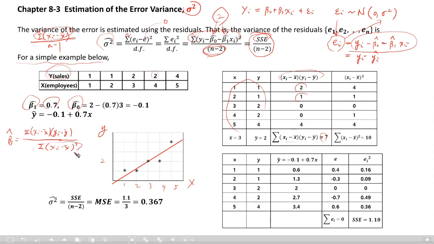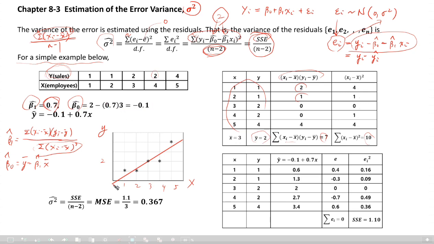The bottom line, the denominator, xi minus x bar squared. So 4, 1, 0, 1, 4. The sum is 10. So 7 over 10 is 0.7. That is the value of beta 1 hat. And beta 0 hat is y bar minus beta 1 hat x bar. Okay? Y bar will be what? 10 over 5, that is 2. So 2 minus 0.7 times 3, so minus 0.1.